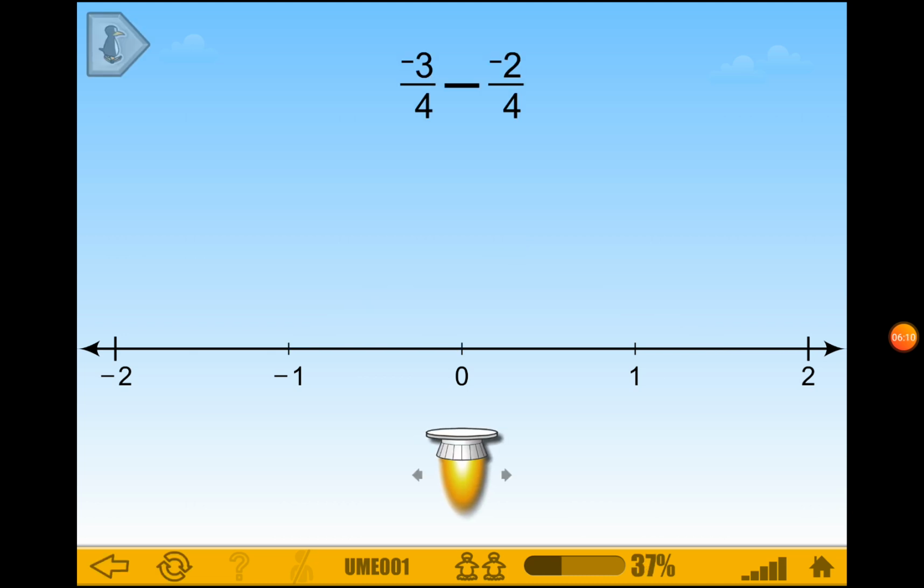Okay, then we have the negative, negative, so that would be plus half, so then -3 plus 1 is -2, and the 4 stays the same.